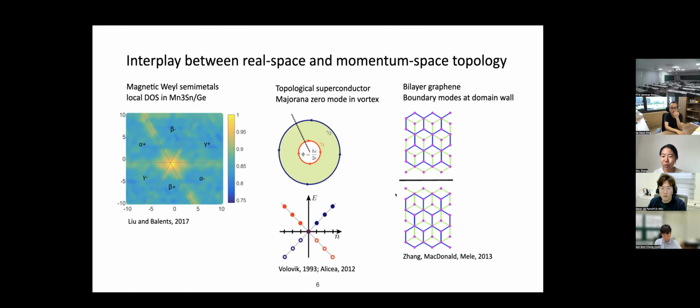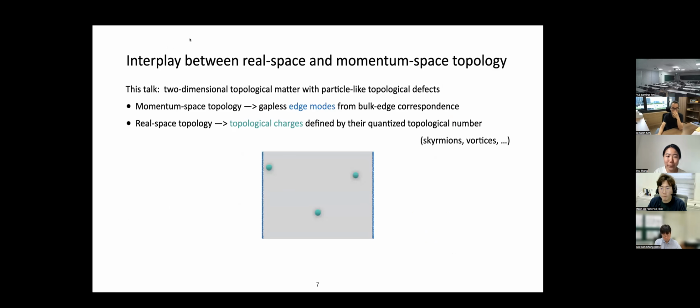And on this domain wall, there can be a helical edge state living there. So all these examples are where real space and momentum space topology can affect each other. And in this talk, we need to be more specific.